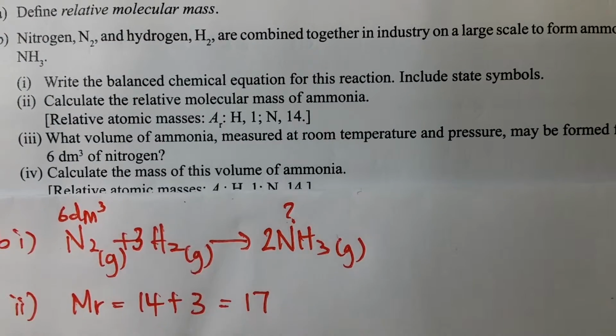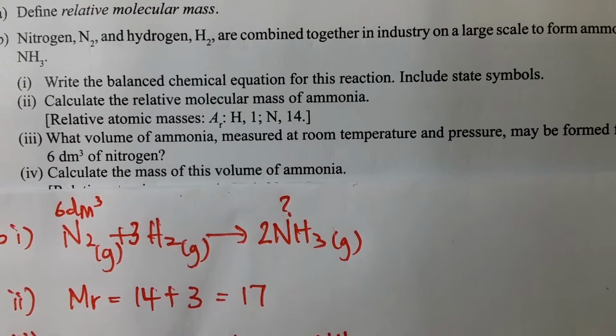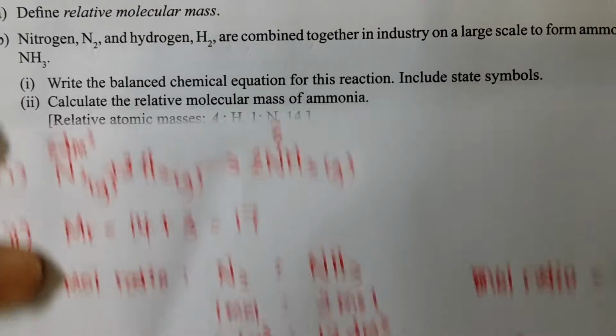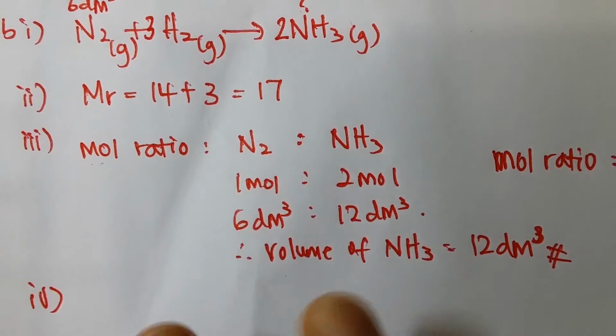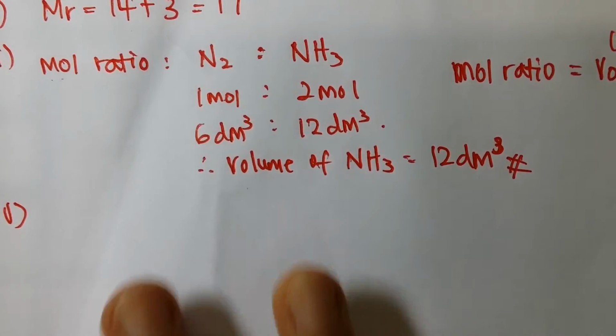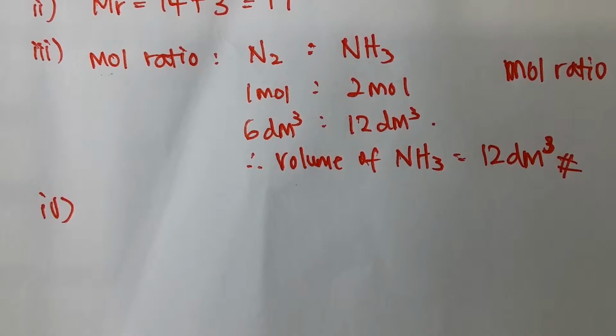Next question, calculate the mass of this volume of ammonia. So this 12 dm cube of ammonia, how much is the mass? How do you change from volume to mass? The volume and mass actually have no direct relationship.